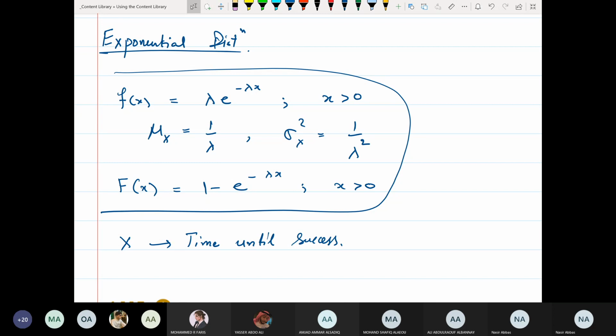And this lambda is basically the average number of successes per unit.